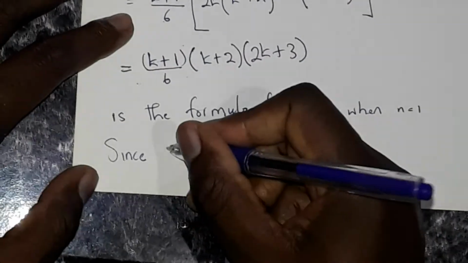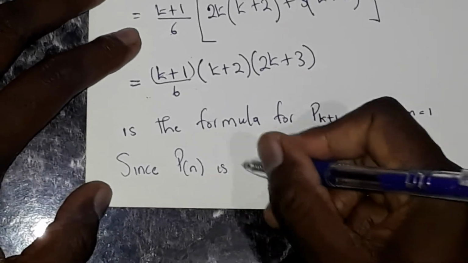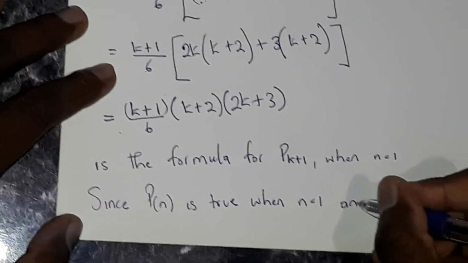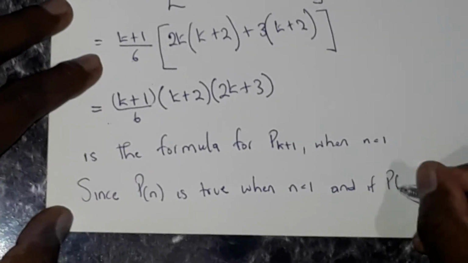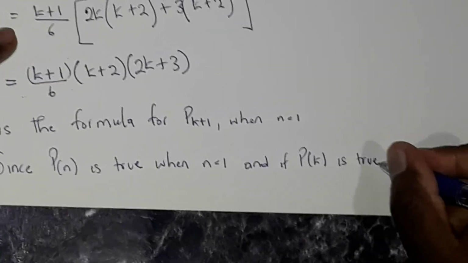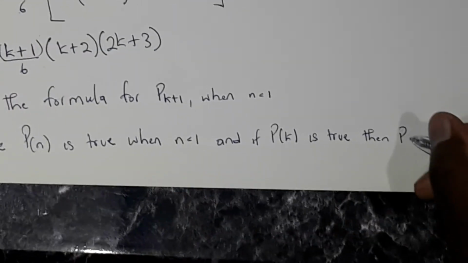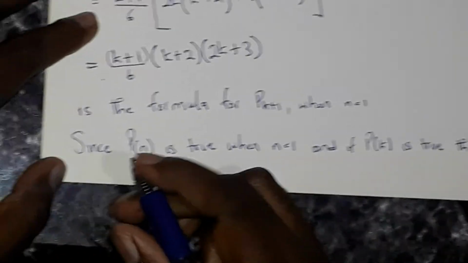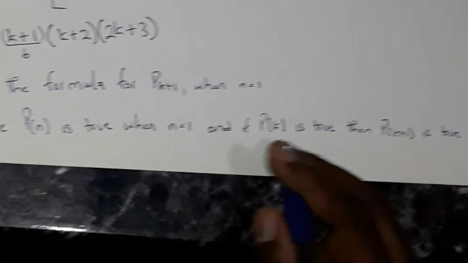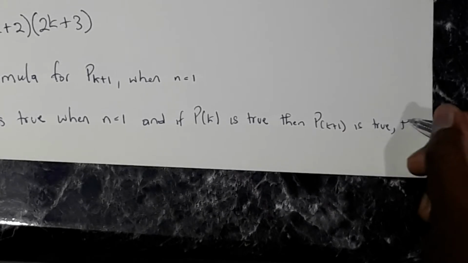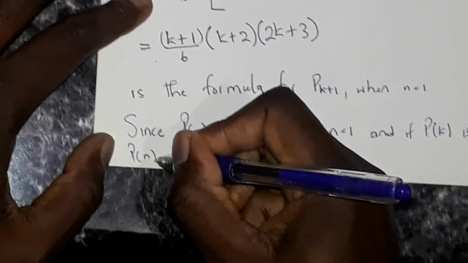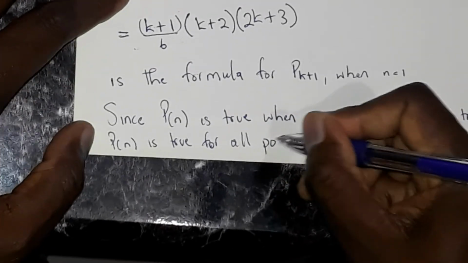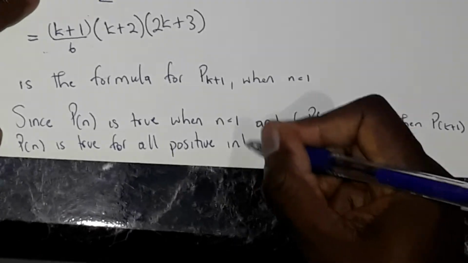Since P of n is true when n equal 1, and if P of k is true, then P of k plus 1 is true also, and because of that being true, P of k and P of k plus 1, then P of n is true for all positive integers.